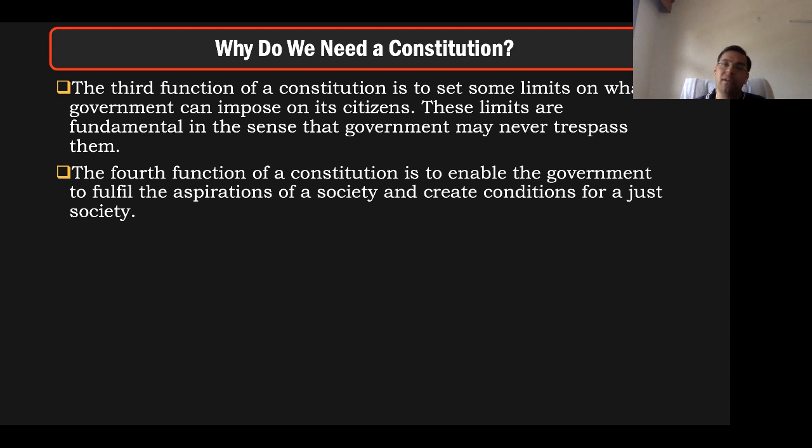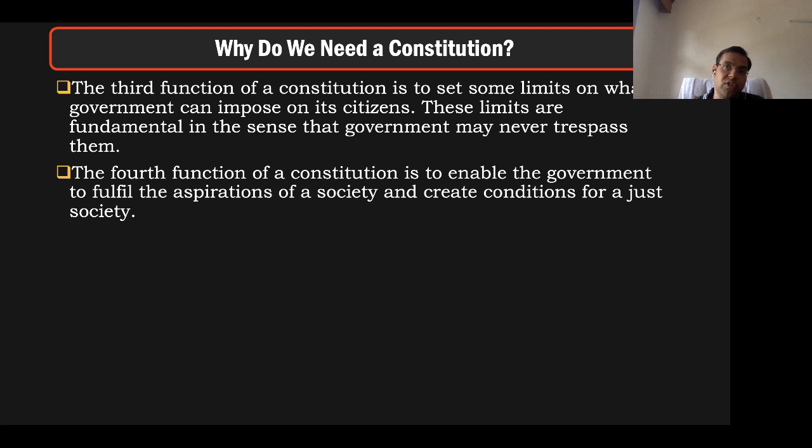The best example in this case is the directive principles of state policy, trying to fulfill the aspirations of a society, as the name suggests. Those principles are socially relevant principles. They direct how things are going to happen, or how the government is responsible towards the society, what all the government should be doing for the society.